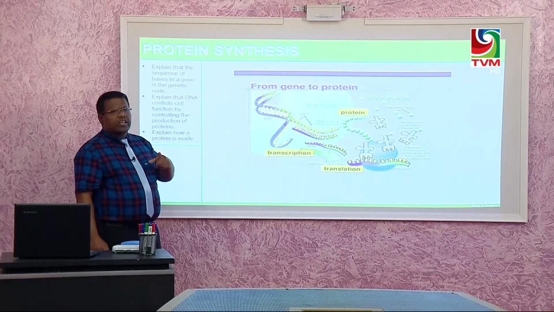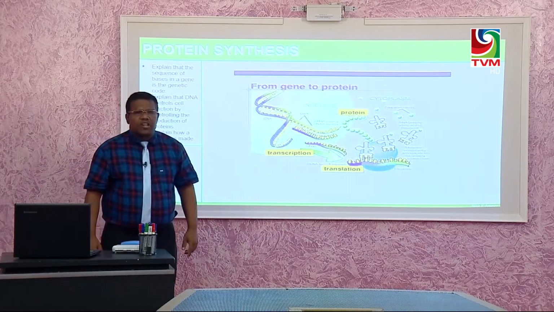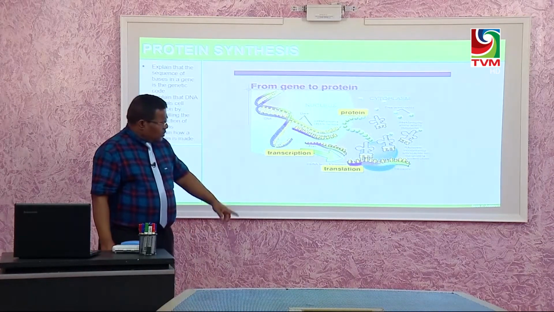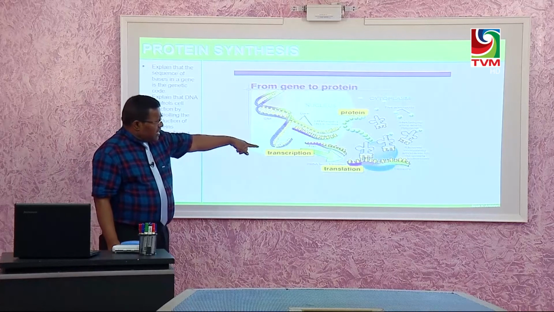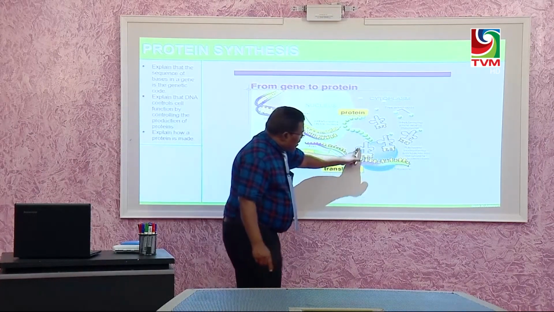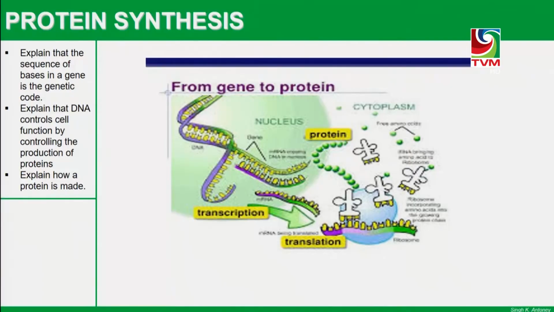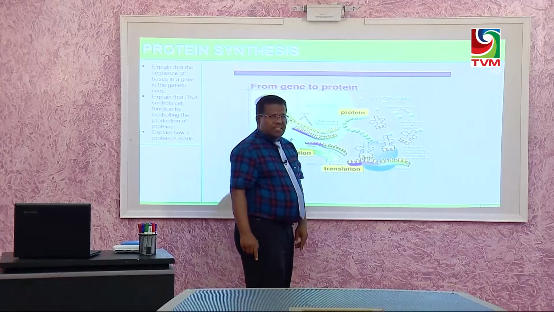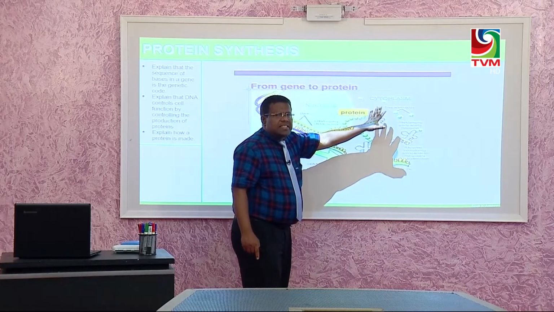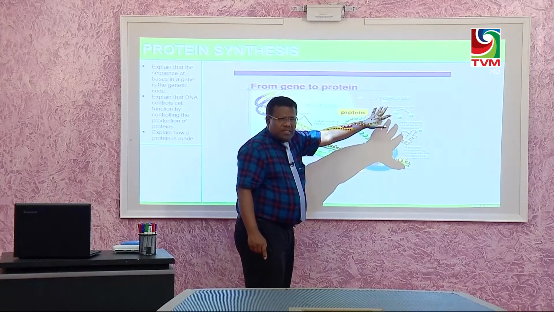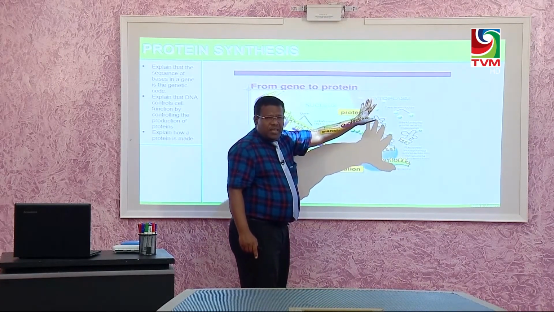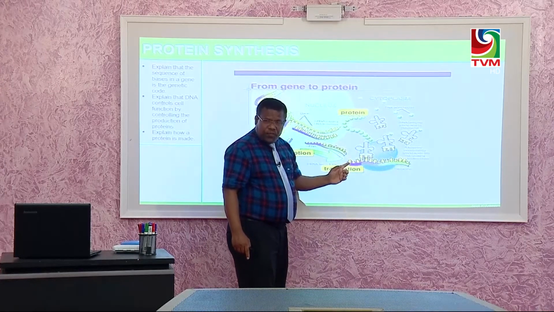I have already told you that ribosomes are the site of protein synthesis. So what happens? The messenger RNA gets attached to the ribosome, this is the messenger RNA molecule, and based on the triplet here, these are all transfer RNAs. They are able to recognize the specific amino acids. I told you these triplets are specific.